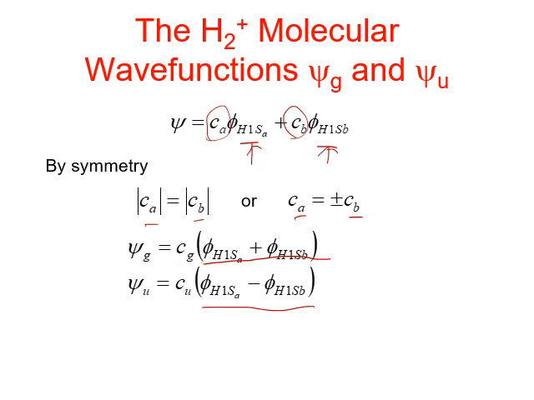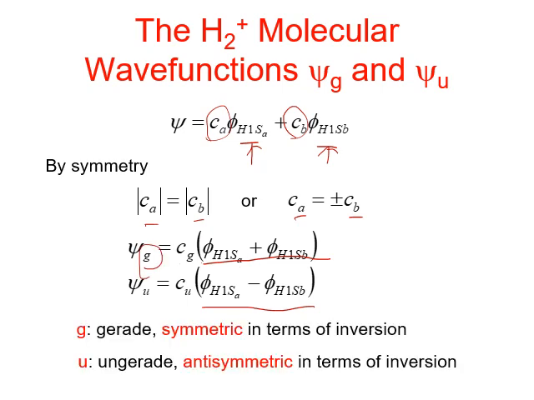Now, for the first one, we give a label called gerade. Gerade means it's symmetric in terms of inversion. So if this is the center and the two sides are exactly the same, when you invert one to the other, you get the same number, and that's called symmetric in terms of inversion, and this is called gerade.